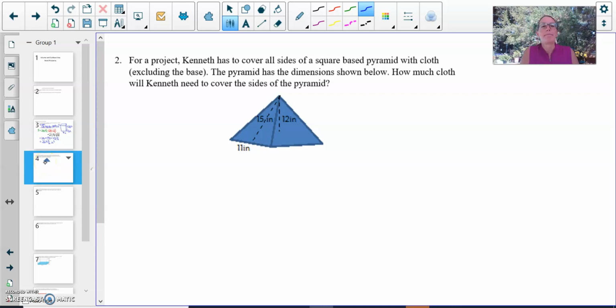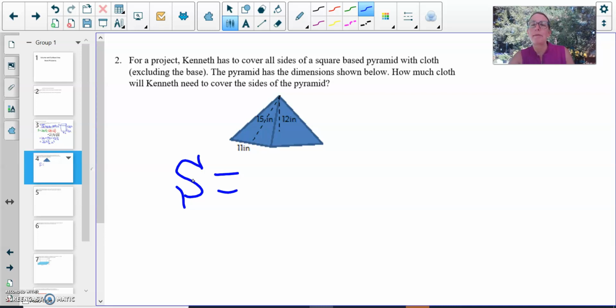Okay, our next problem. For a project, Kenneth has to cover all sides of a square-based pyramid with cloth, excluding the base. The pyramid has dimensions shown below. How much cloth will Kenneth need to cover the sides of the pyramid? We're looking at surface area, but really just the lateral area because he is not covering the base.